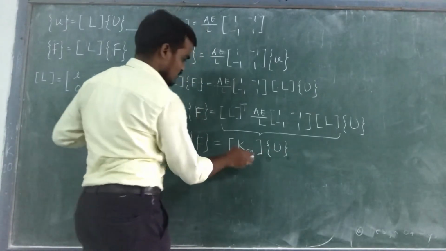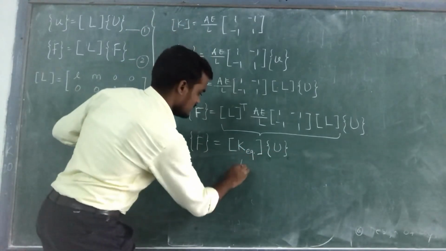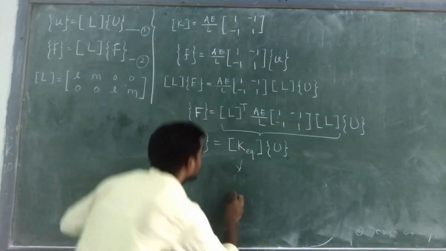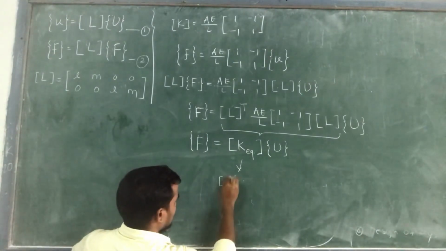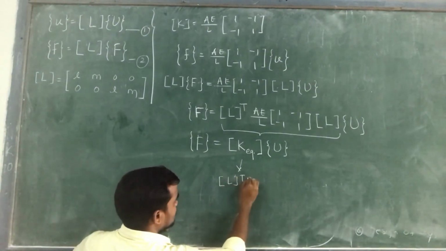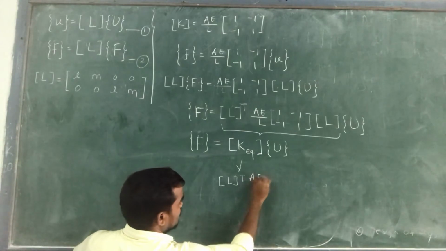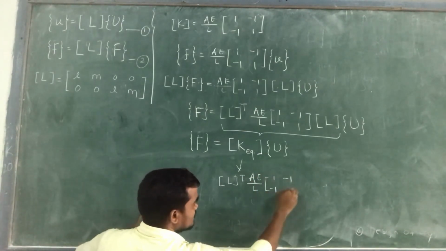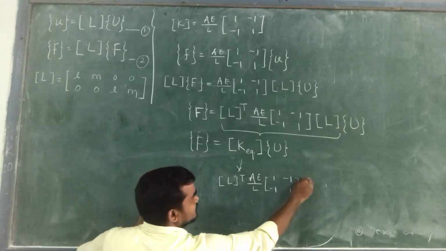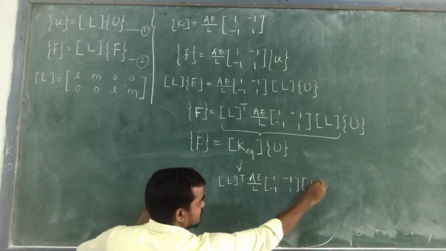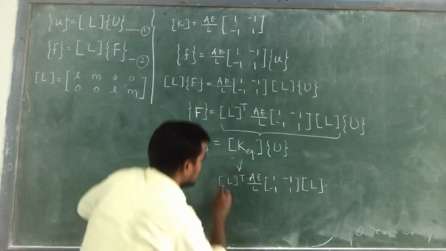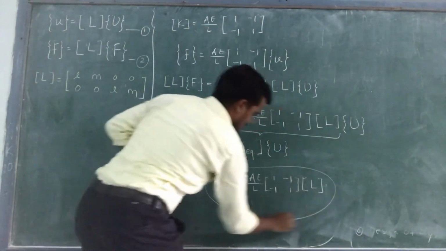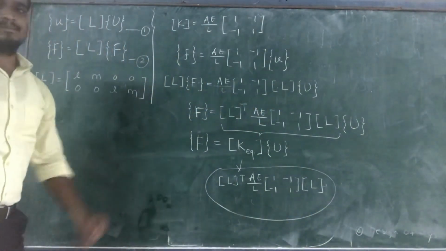So the global stiffness matrix is nothing but L transpose into AE by L into [1 -1; -1 1] into this L. This is the global stiffness matrix.